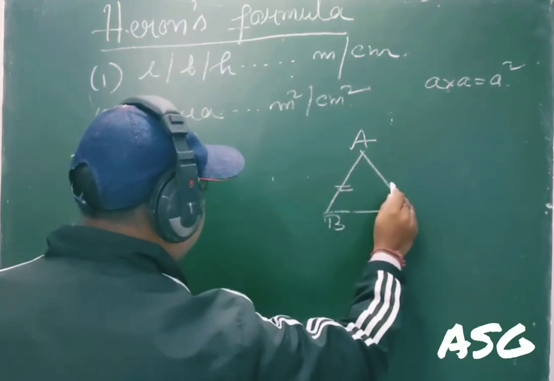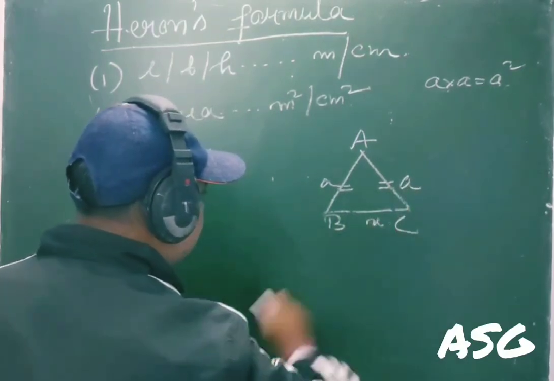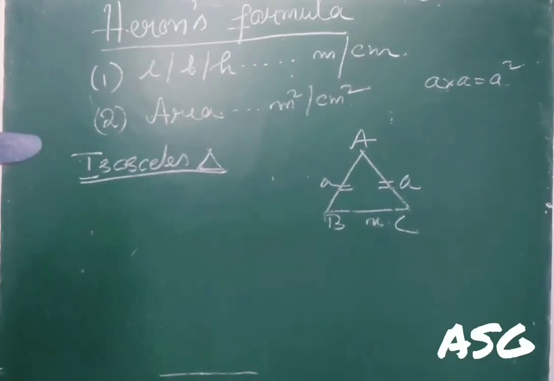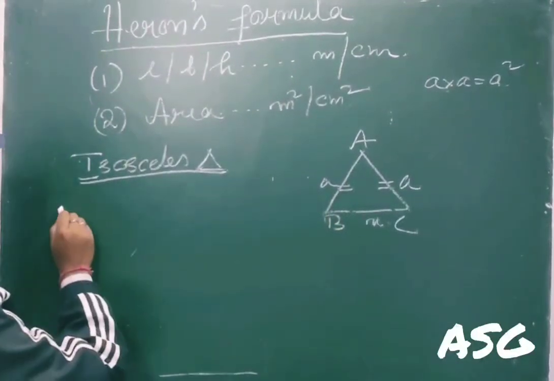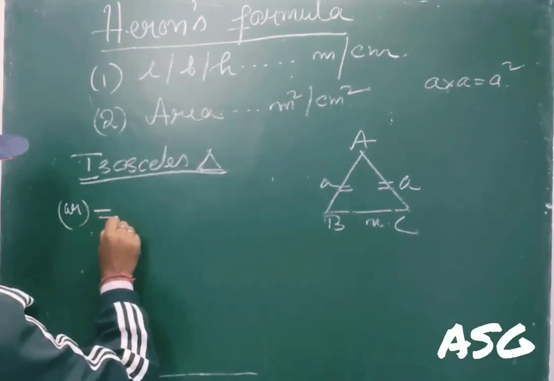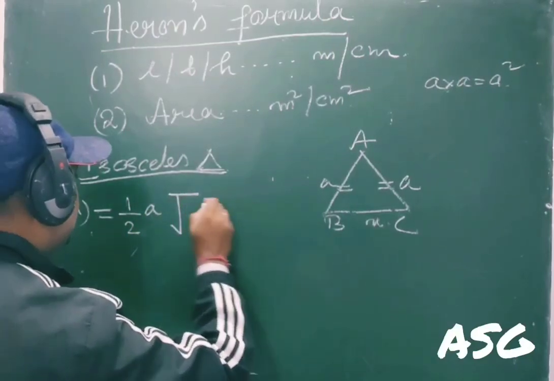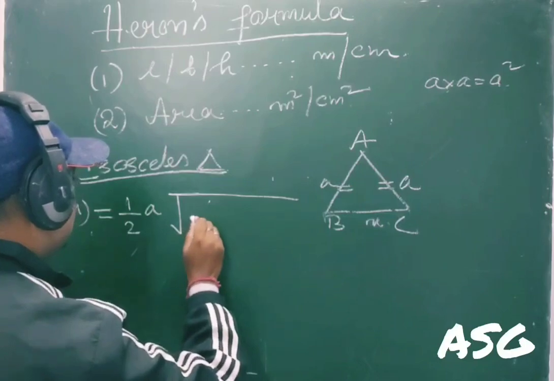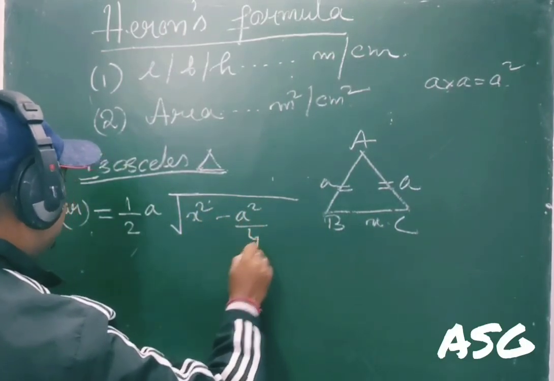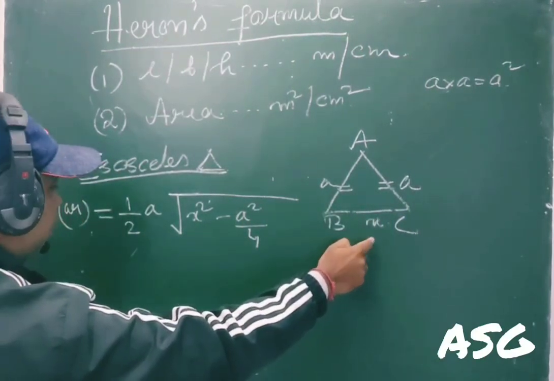Suppose, for example, these two sides are equal as A and the base is X. So what is the area? Area of an isosceles triangle is half of X root over A square minus X square by 4, where A means the equal sides, X means the non-equal side or the base.